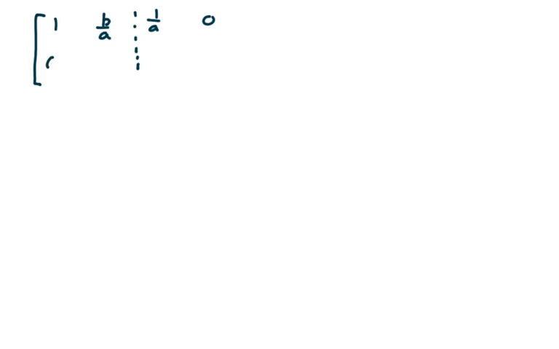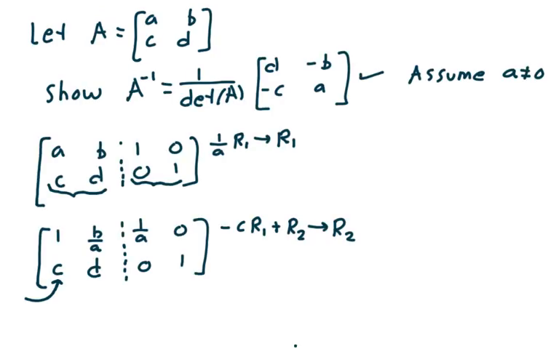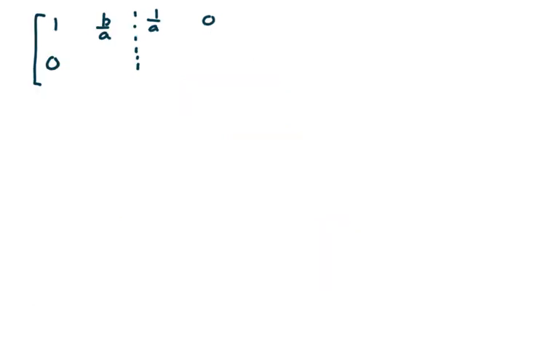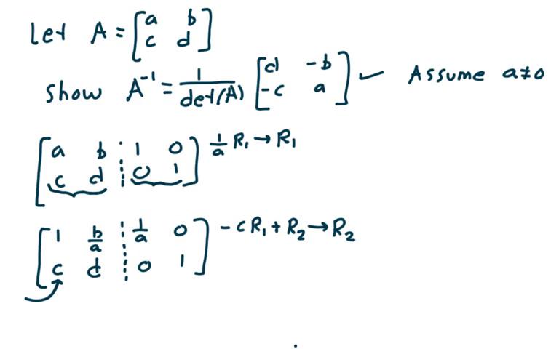By design, this entry is a 0. Now, this next entry is going to be D minus BC over A. Then here I get negative C over A, 1.